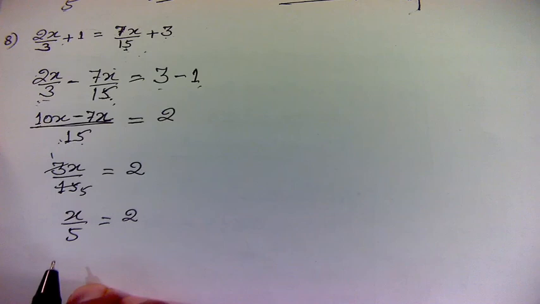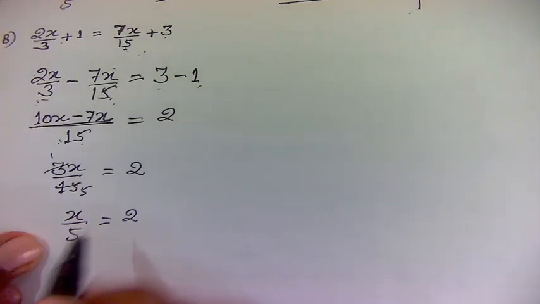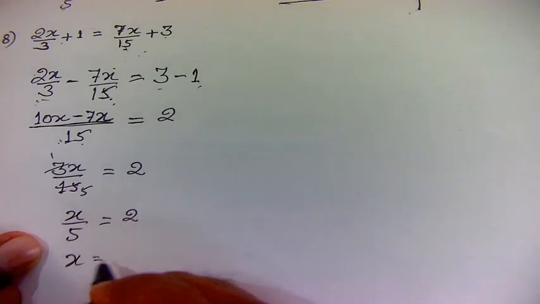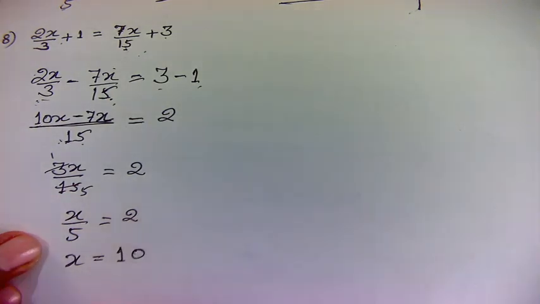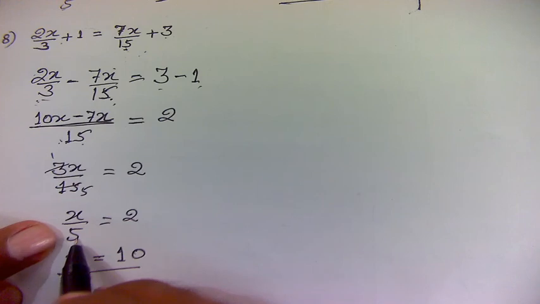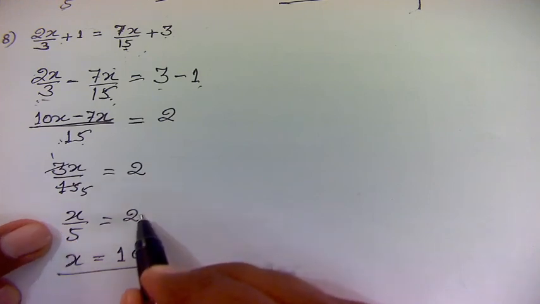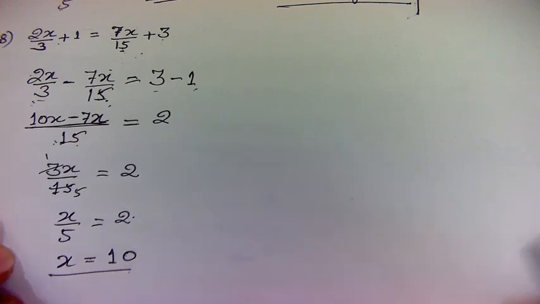And if x upon 5 is equal to 2, then what do you have? X is equal to 10. Why 10? Upon 5 means divided by 5. This transposed to the other side, it is 2 multiply 5, it gives you 10. So this is it.